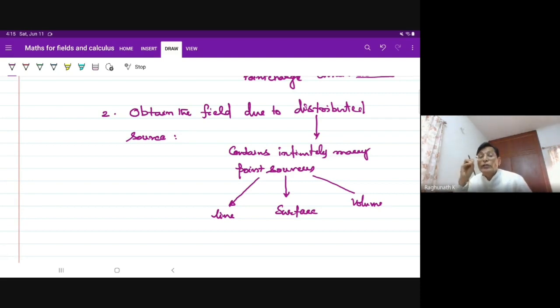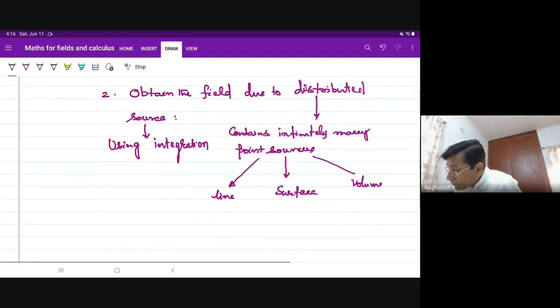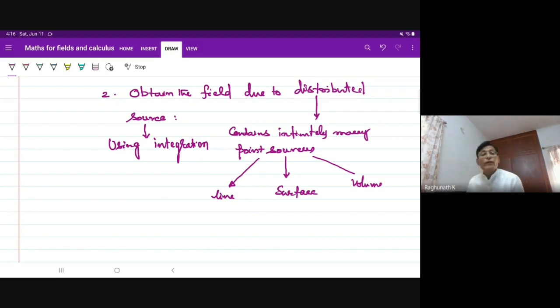Obtain the field due to distributed source using integration. That integration can be a line integral, surface integral, or a volume integral.